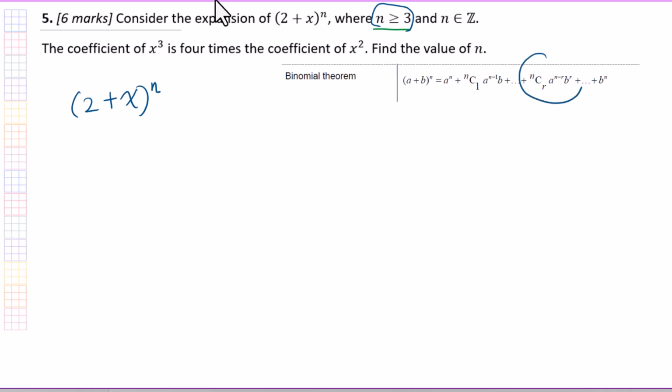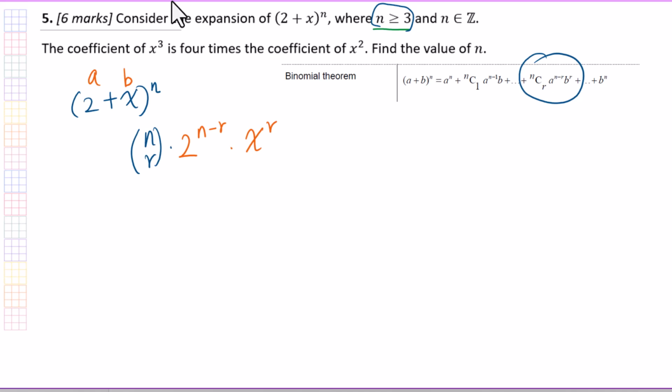The general form is n choose r times, this is a, this is b, 2 to the n minus r's power times x to the r's power.